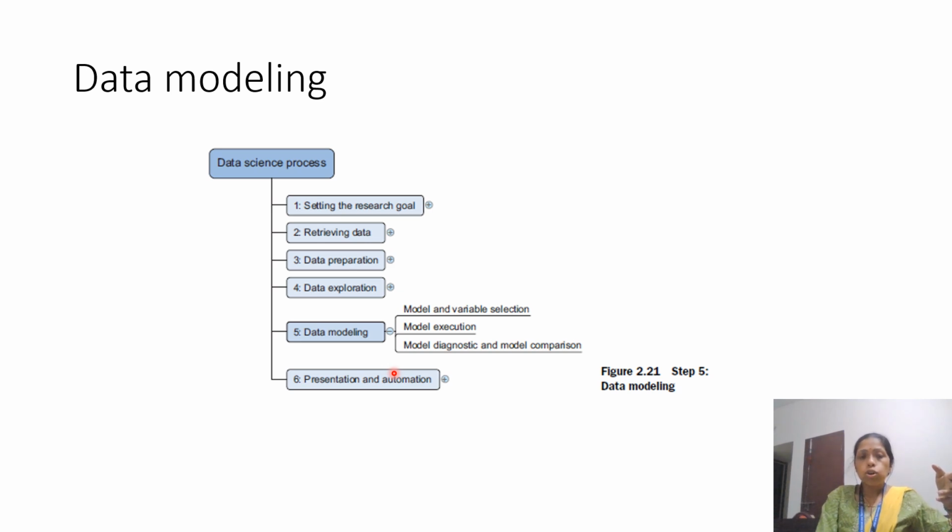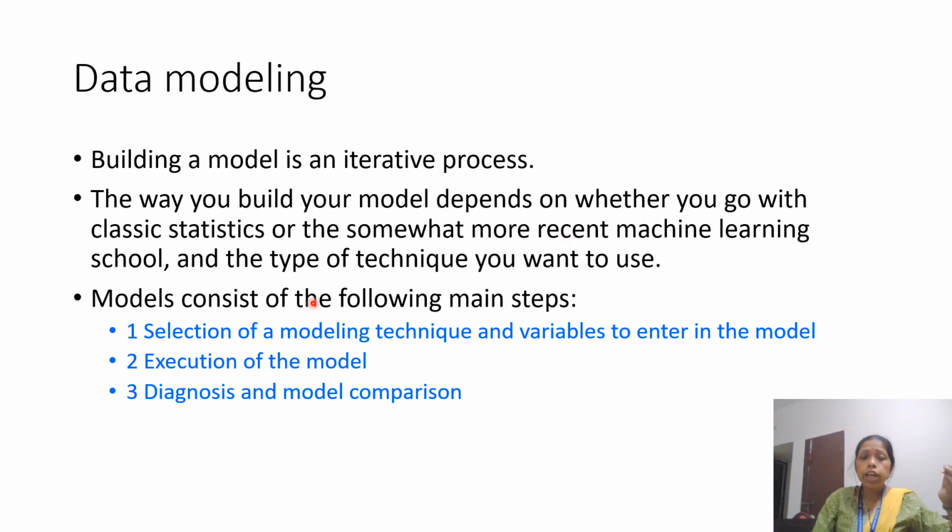In data modeling, there are three parts: model and variable selection, model execution, and model comparison. The three steps are how you select the model, what parameters need to be fed into the model, then the execution of the model, and lastly, suppose you are using five models for the evaluation, which model is going to give the best performance?